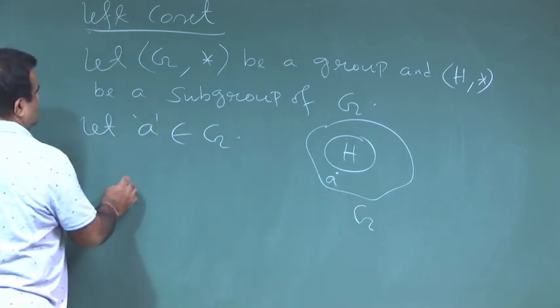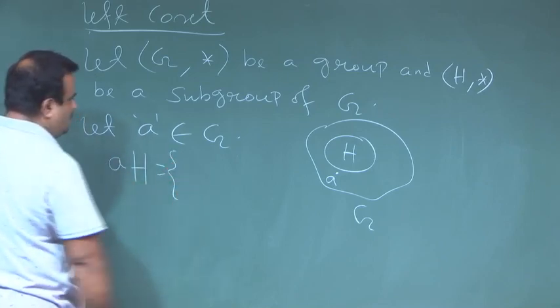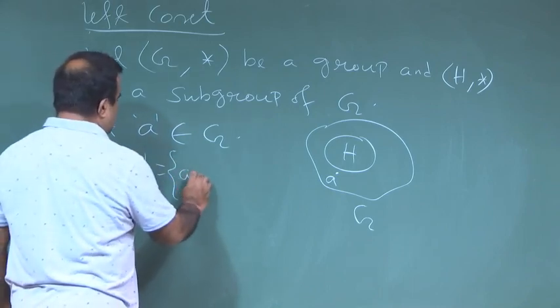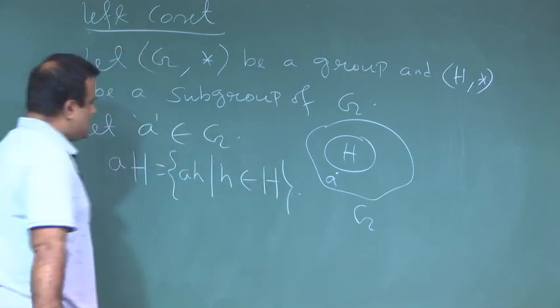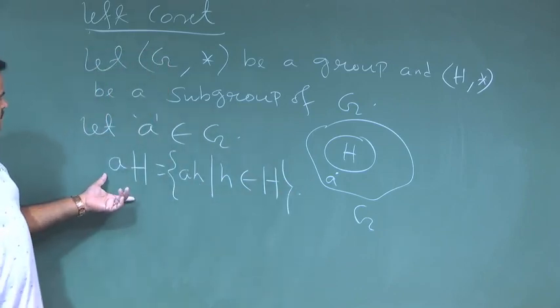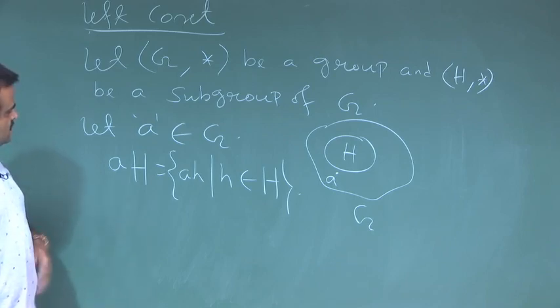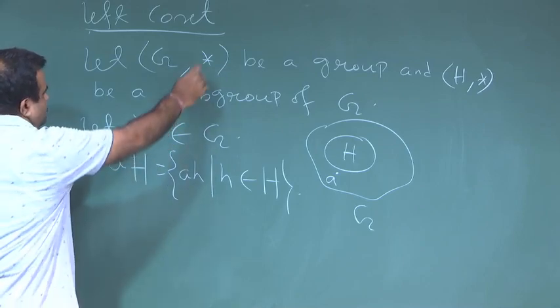Now, we define this left coset. So, AH, this is basically all the elements like ah, where h is coming from H. This is in the multiplicative sense, if star is in the multiplicative sense.